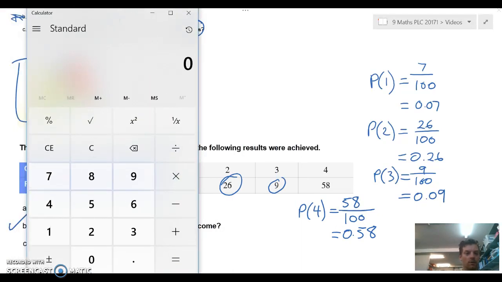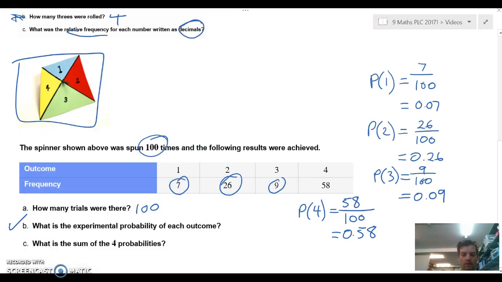We've got 0.07 plus 0.26 plus 0.09 plus 0.58, and we end up with 1. That makes sense, because when we're talking about probabilities out of 100, there were 100 trials, so if we add all these together we end up getting to our 100.